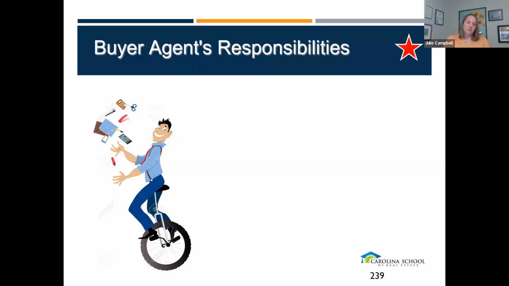Radon test, pest inspection, anything they want to have inspected or investigate, we're going to assist them. And then our very last act, fingers crossed, is to go with them to the attorney's office and sit next to them as they sign their paperwork and purchase their home.